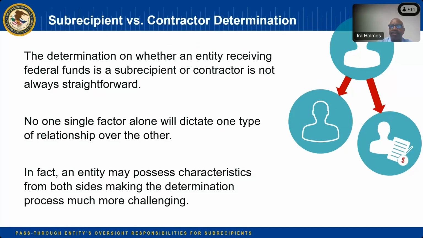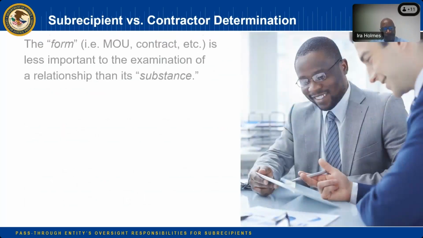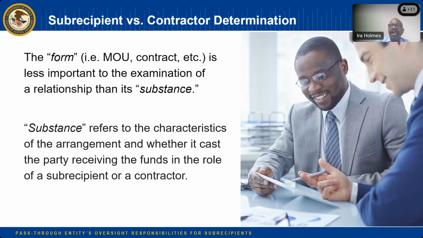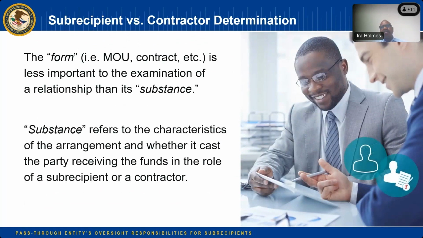There's no single factor that will determine what type of relationship it is, and an entity could possess characteristics of both a subrecipient and a contractor. The form is less important than the substance. Substance takes precedence over form. Substance refers to the characteristics of the arrangement and whether it casts the party receiving the funds in the role of subrecipient or contractor.